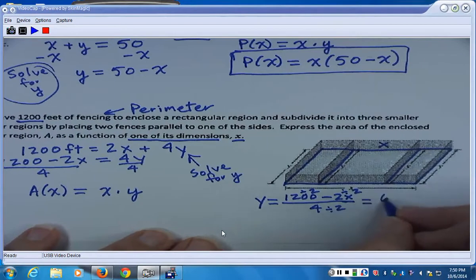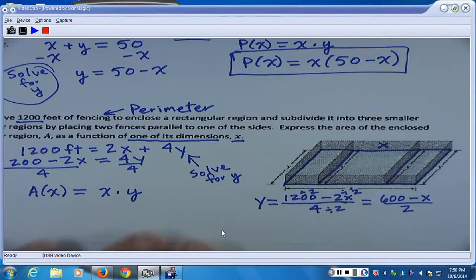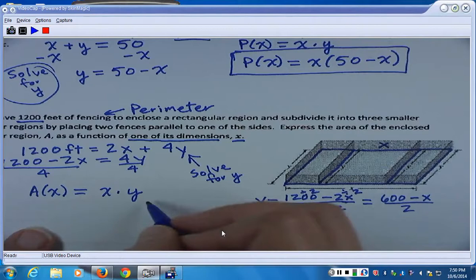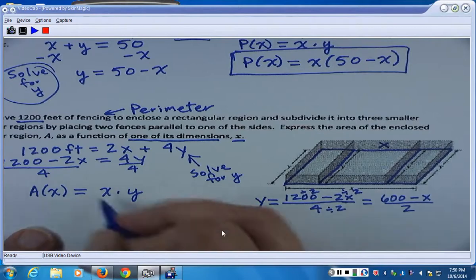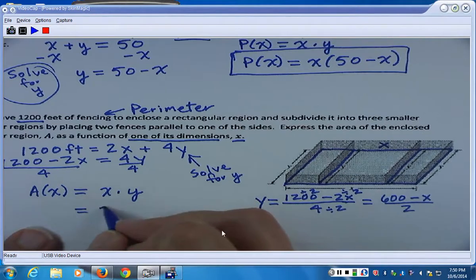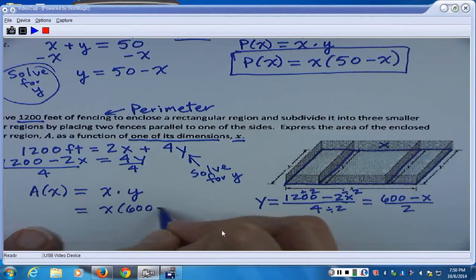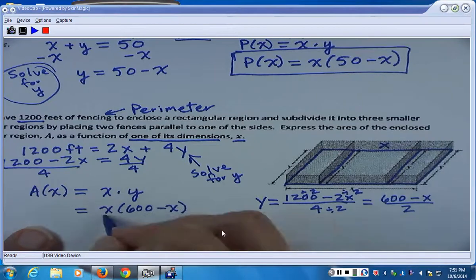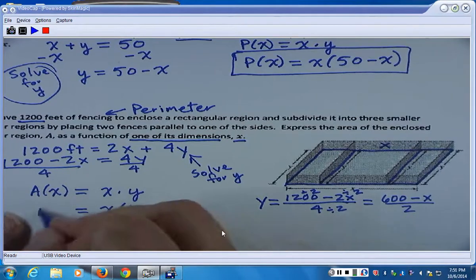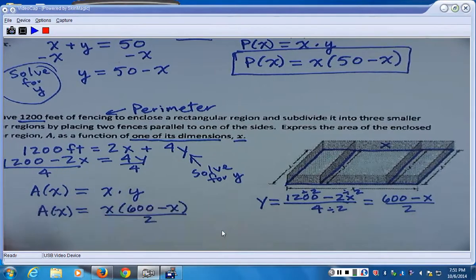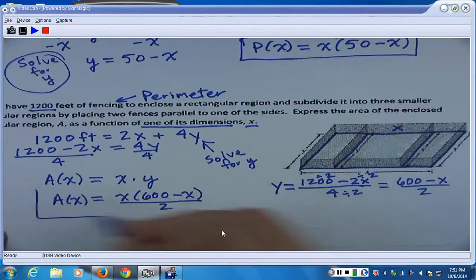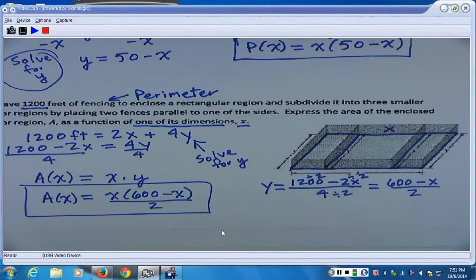So you get 600 minus x over 2, just simplifying. So replace your y here with 600 minus x over 2. You get x times 600 minus x over 2. And that's your area. And that's what it asked for.